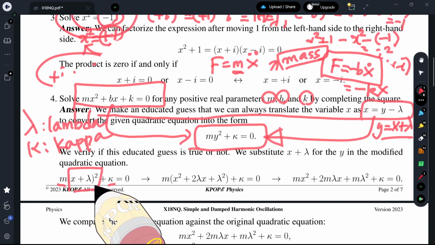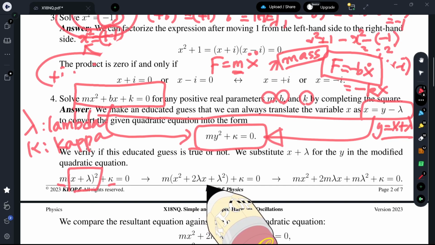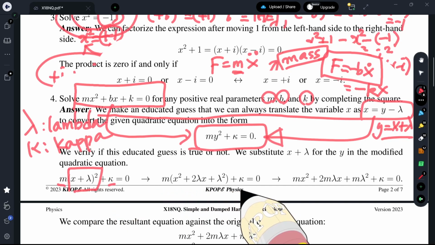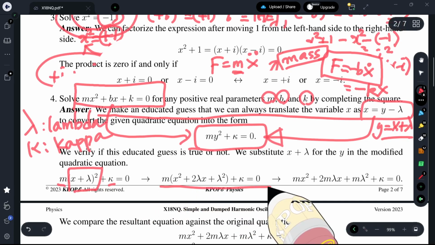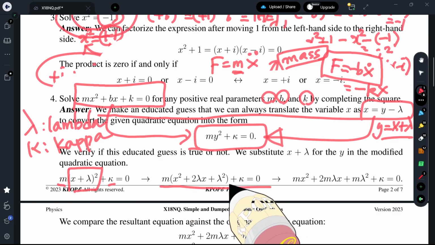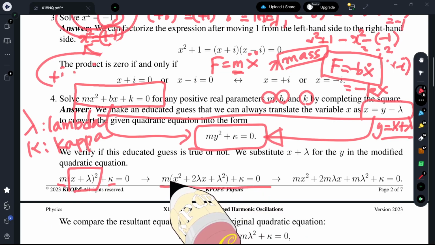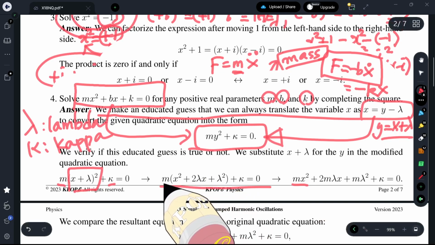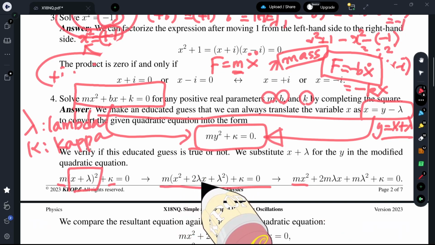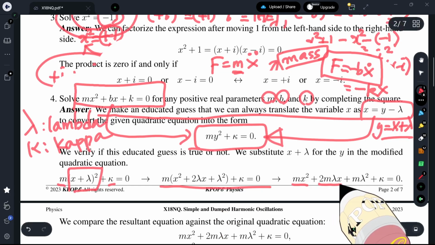We expand this x squared to lambda x plus lambda squared, and kappa is there. We rearrange this expression by expanding this m x squared, and the linear term is 2 lambda m x.